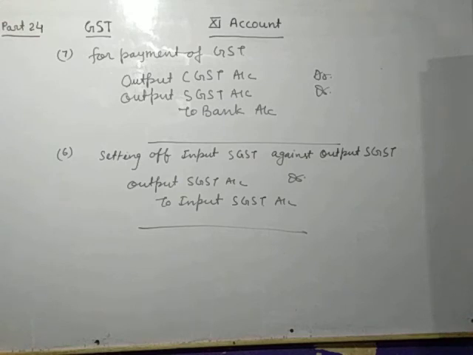But this should be clear only by solving numericals, because in each numerical you will see a different case. So many different cases of how you will make the adjustment of tax, that we will see in the next video. Thank you.